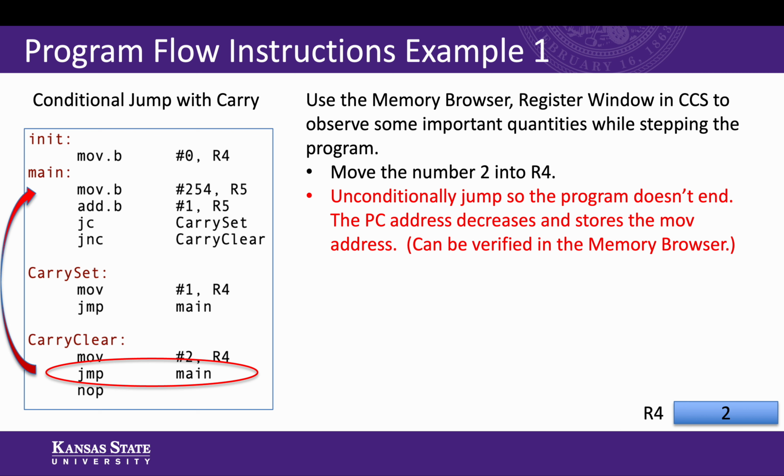So the program counter is going to decrease its value, and it's going to store the move address. Again, this can be verified in the memory browser. If you're still searching around the address 4400, where main is in memory, you will see the program counter get, not reset, that's a bad word, but decreased to that address.